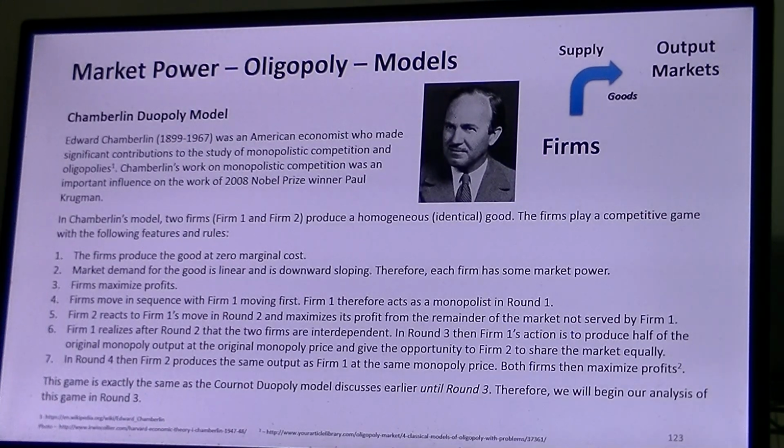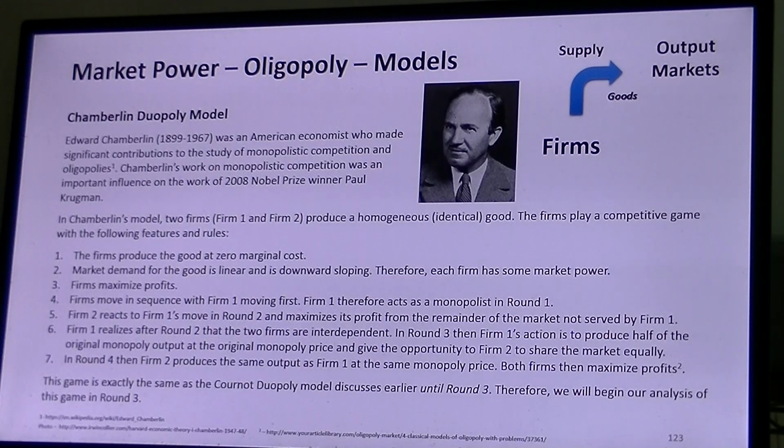The firms are not cooperating, but they're moving with the knowledge of each other. In this sense, this game is more realistic of real oligopoly behavior than the Cournot model, because in the Cournot model the firms don't know what the other firm is going to do. You looked at real-world examples: I introduced real markets in Japan in the last lecture, and looked at market shares for a number of industries of real firms in real markets.